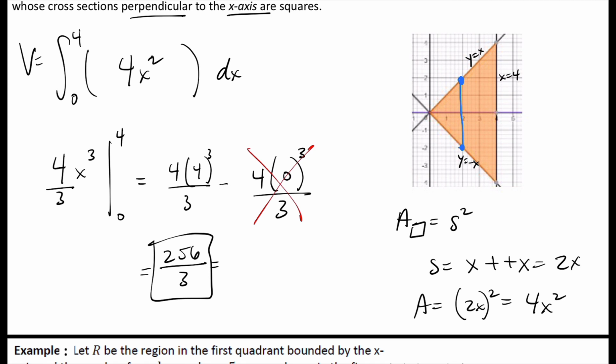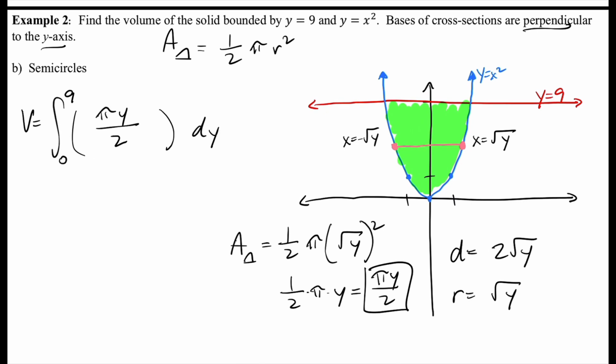All right. So the key here, last 3 minutes, for each of these is the picture. Once you have your picture, ask: am I perpendicular to x, perpendicular to y? Where am I doing that? And then go side to side. I'm only going to give you semicircles, an isosceles triangle like we did here, and squares. That's the only shapes I'm going to give you.